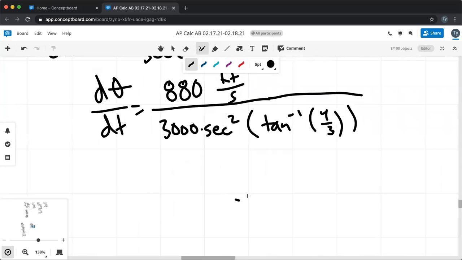If you want to put this in the calculator, there's no secant button on the calculator.